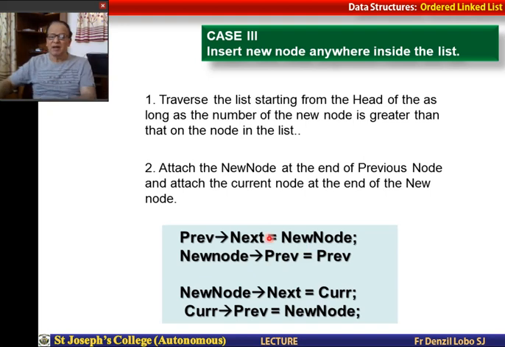So this way I have connected new node with the previous node. Now I have to connect the new node with the current or the next node. So I say new node next is equal to current. Then current previous is equal to new node. I am linking backward current previous to new node. So this is how it is done.